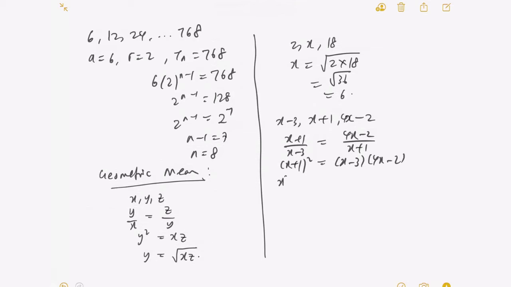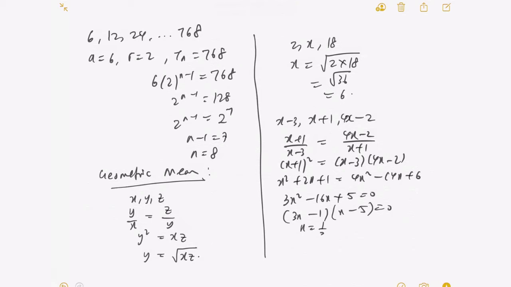This will be 4x squared minus 12x plus 6. Rearrange it, bring everything over, and you get 15 and 1. So x is either 1 over 3 or 5.